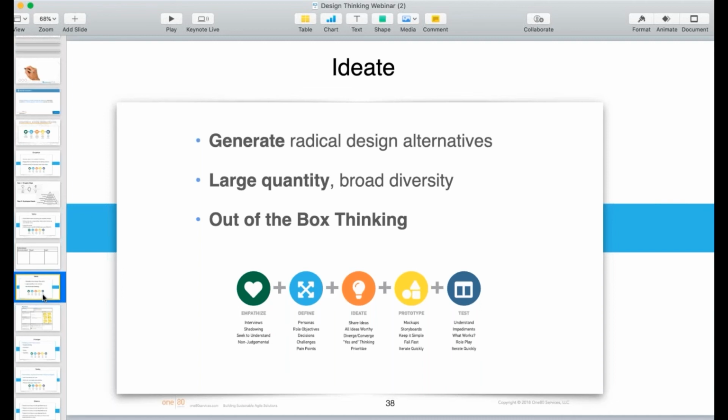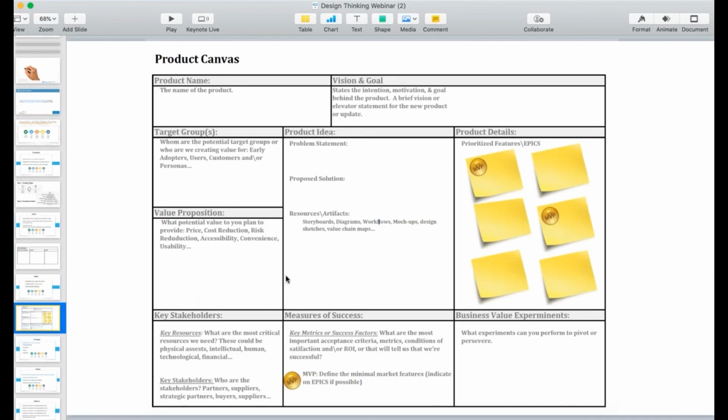We want to really come up with the most broad-ranging solutions as we can, which then links us directly into the lean startup model, which we're not necessarily going to talk about, but lean startup talks heavily about building a product canvas. And so this part of creating ideas helps start to build the first level of your product canvas in Lean Startup.